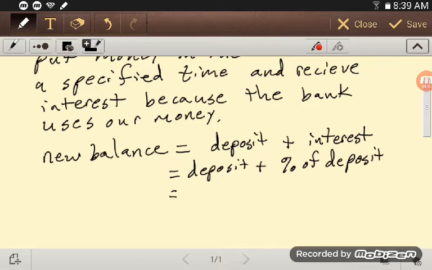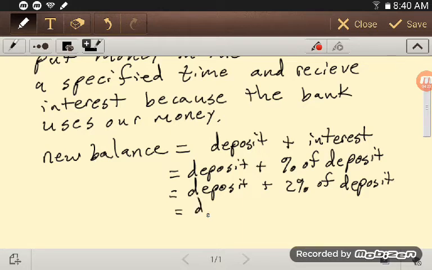But let's say it's 2%, then we would take our deposit plus 2% of our deposit, and then that's our deposit plus 0.02 times that deposit. And that is our new balance.